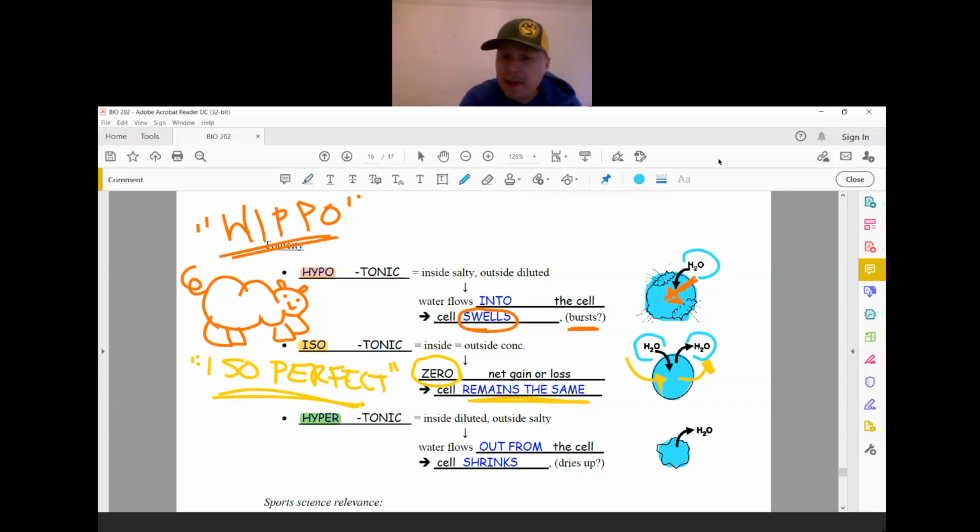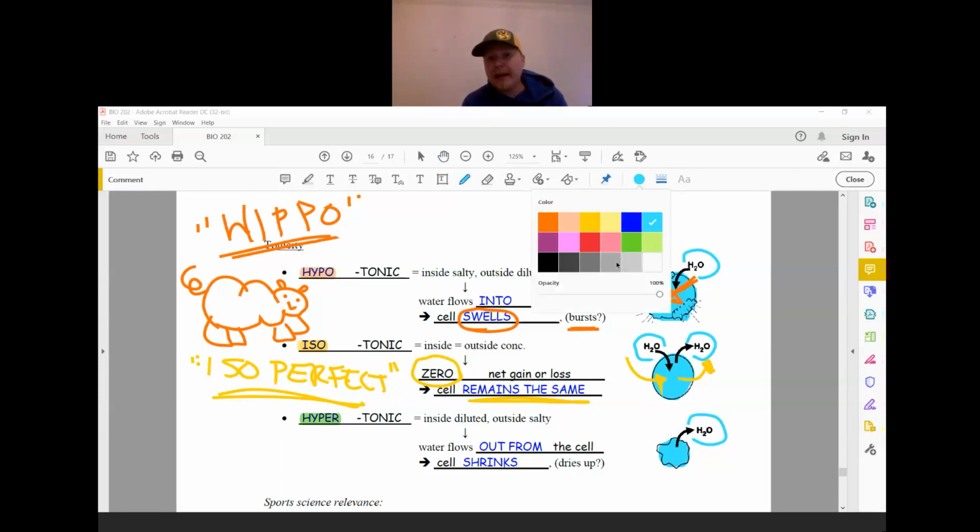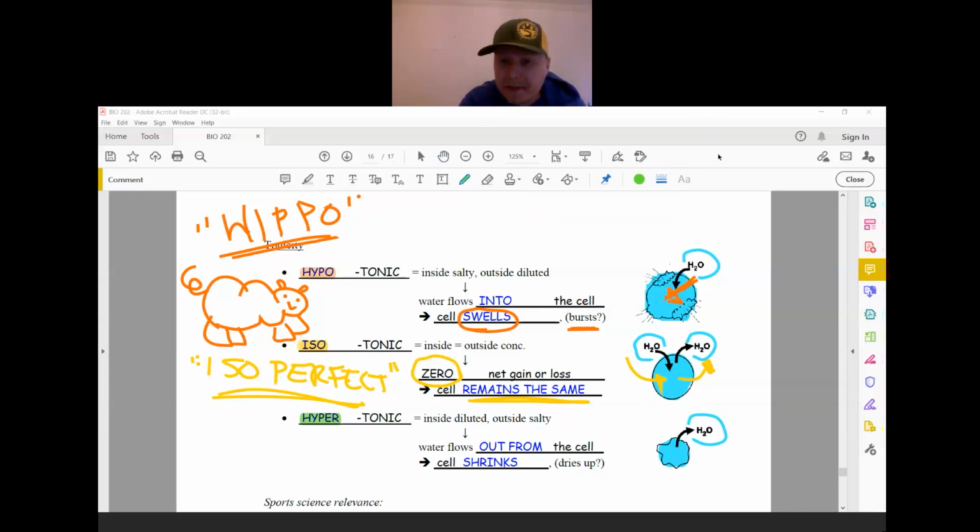Well, you remember that the human body always tries to balance things off. So how are we going to do that? Well, we're going to do that by transporting water out from the cell, and that causes the cell to shrink, and it might even eventually dry up.